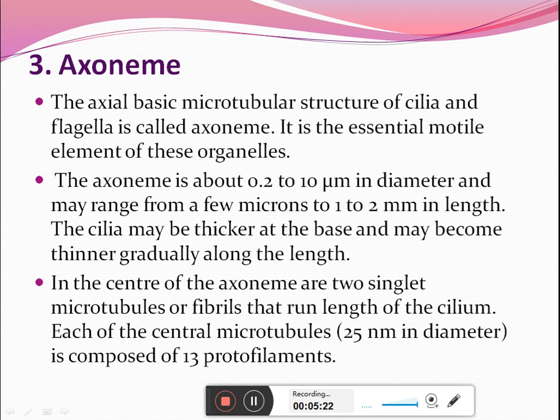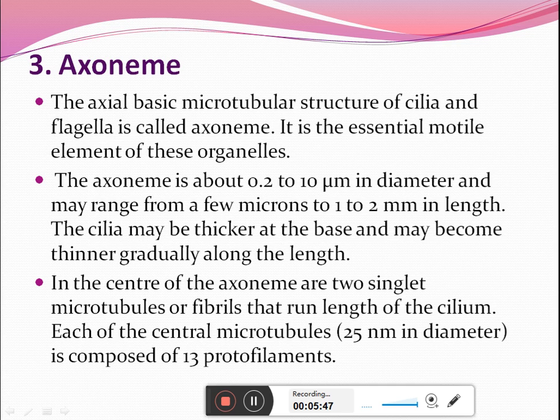The axoneme is about 0.2 to 10 μm in diameter and may range from a few microns to 1 to 2 mm in length. The cilia may be thicker at the base and may become thinner gradually along the length. In the center of the axoneme are two singlet microtubules or fibrils that run the length of the cilia.